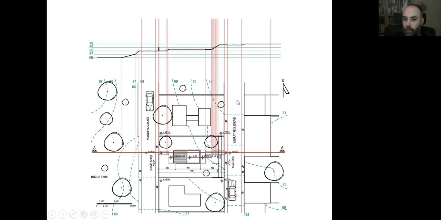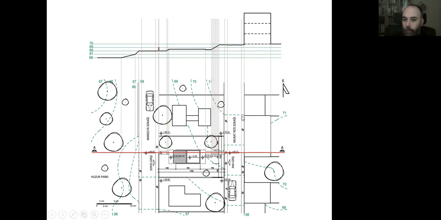Here we are on Muratreis Street this time, the sidewalk, the street, again the sidewalk, and that's the ground level of this neighbor building. This is the first thing that we draw when we are creating a section.